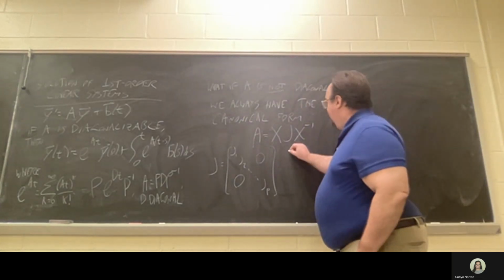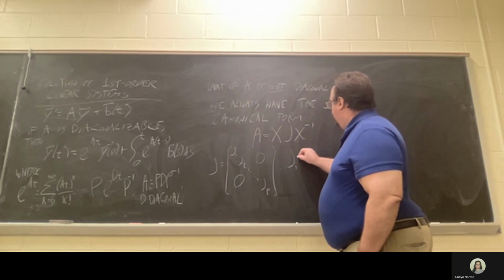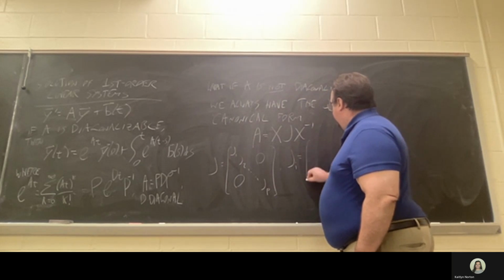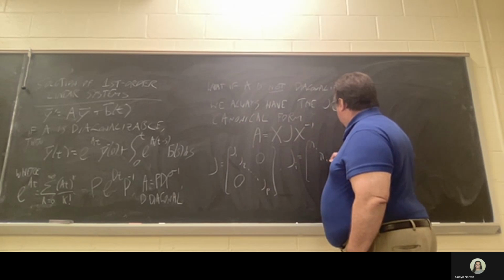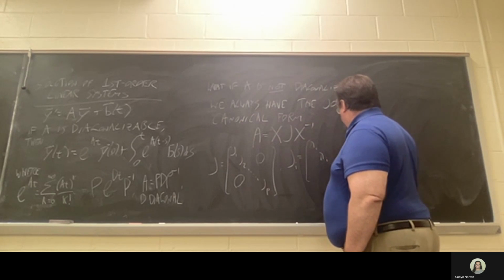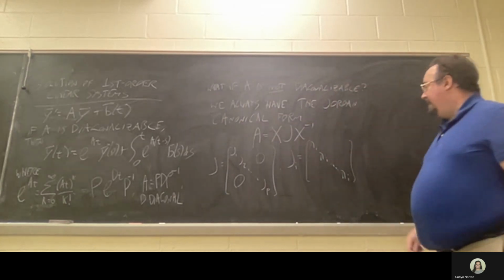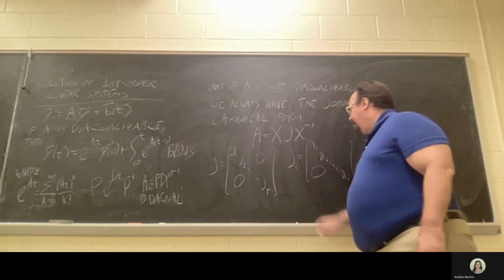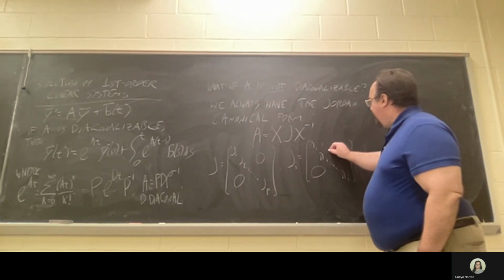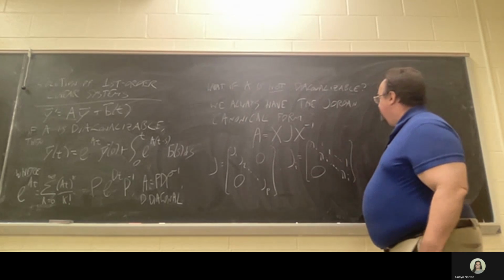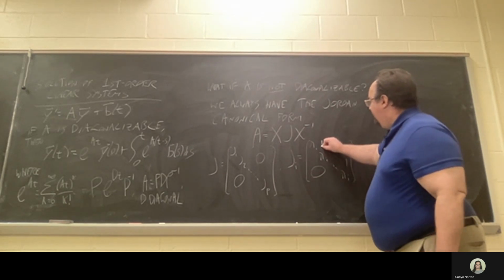And each block has this form: it has an eigenvalue lambda i going down the diagonal. It is upper triangular, so zeros down here. And then we have a superdiagonal of all ones.